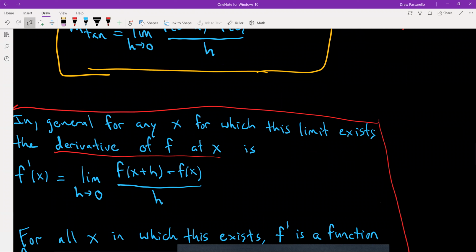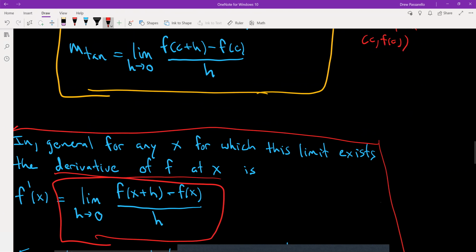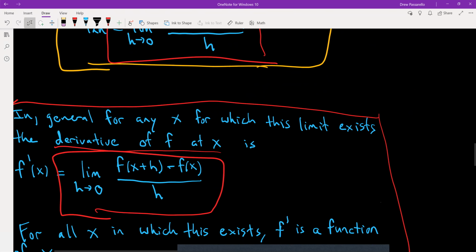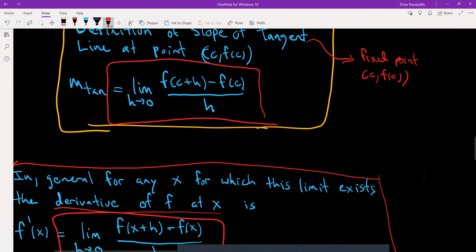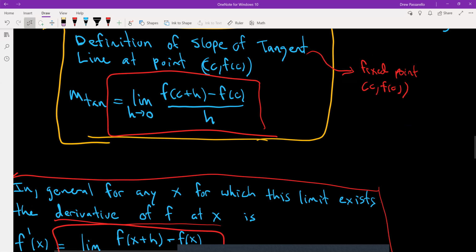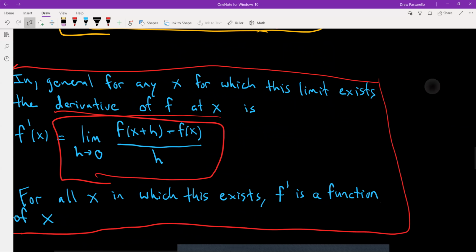So in general, for any x value for which this limit exists, the derivative of f at x is the following. And you'll notice that this is the exact same limit as this. It's just using the letter x instead of the letter c. We use the letter c as being a fixed value, a specific fixed value, whereas in the derivative definition, x can be any x value on the curve for the function f.